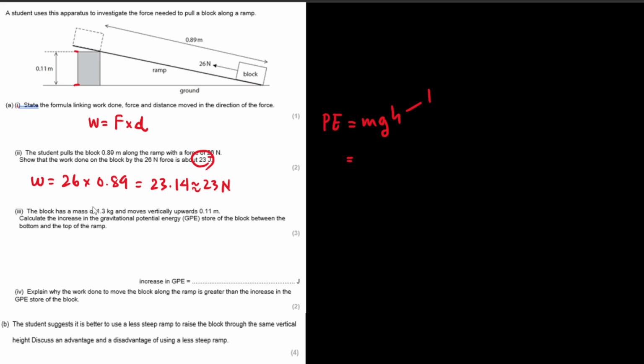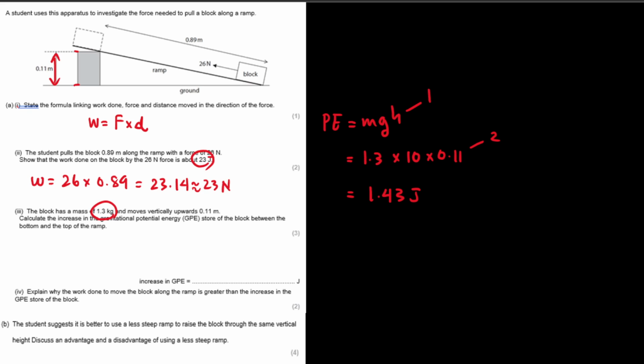Mass is 1.3 kilograms; since it's kilograms, you don't need to change anything. g is 10. h is 0.11 meter, because the height being taken is 0.11. So from this you get your second mark. Put that into the calculator and you will get 1.43 joules.